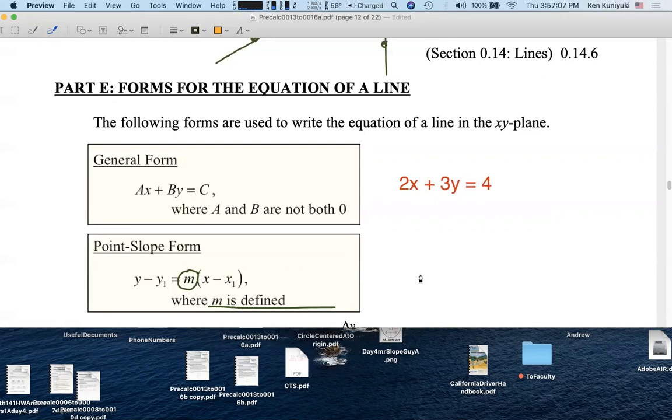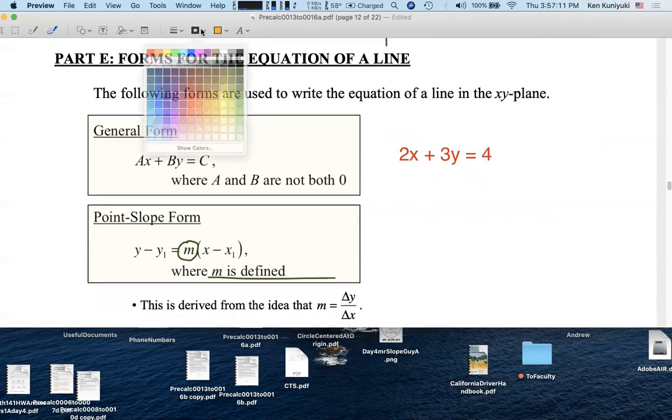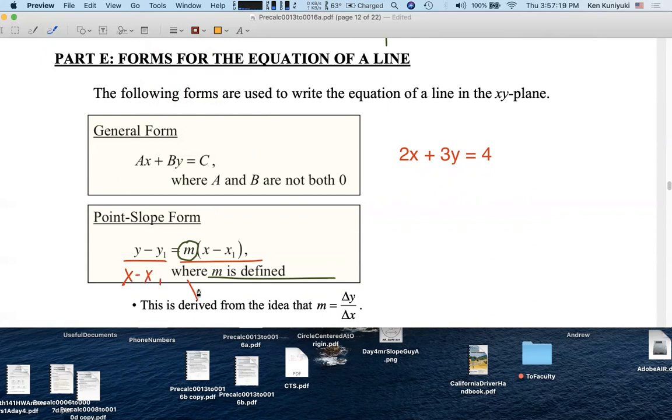M is defined. Now notice that if you were to divide both sides of this by x minus x sub 1, then you would get that the slope looks like this kind of difference quotient here, change in y over change in x. So basically, we want all points x comma y that will force this constant ratio as a slope.